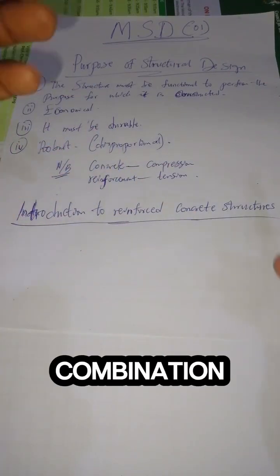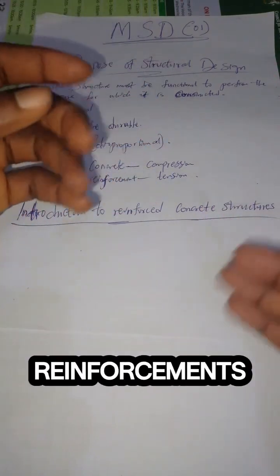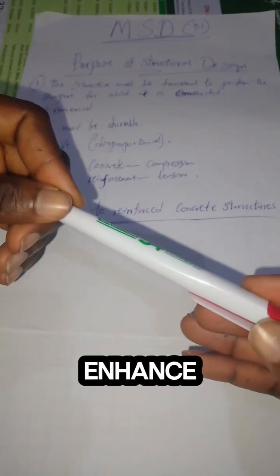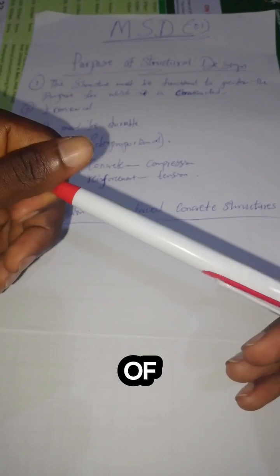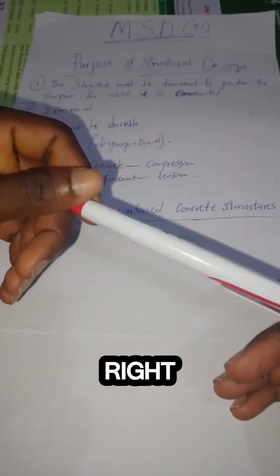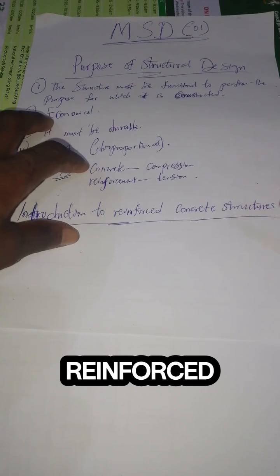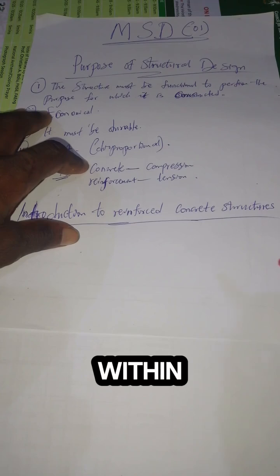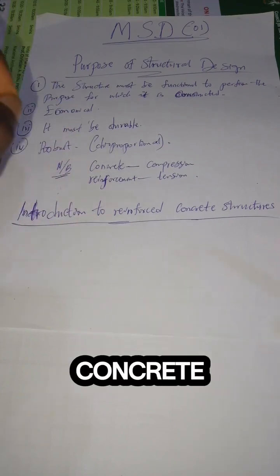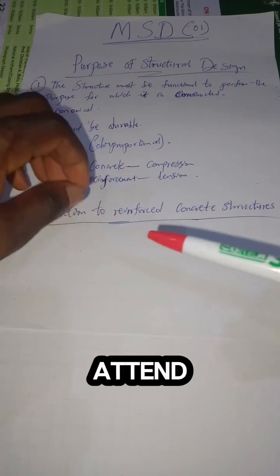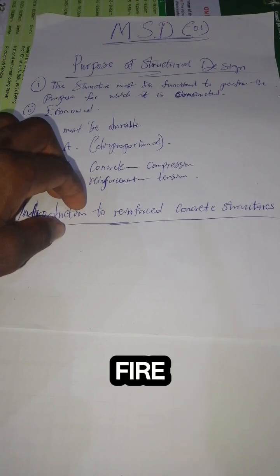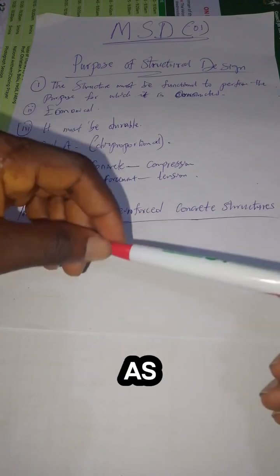So in essence, the combination of concrete and reinforcement are like good companions to enhance the safety of buildings, right? So reinforced concrete is a combination of reinforcing steel within freshly cast concrete that is allowed to set or to be in a hard state in order to resist tension, fire, corrosion, as well as compression.